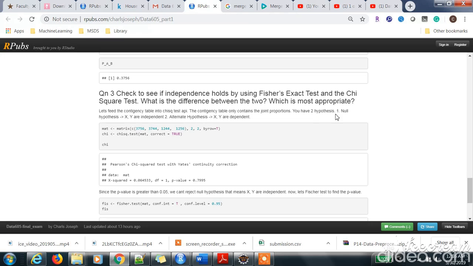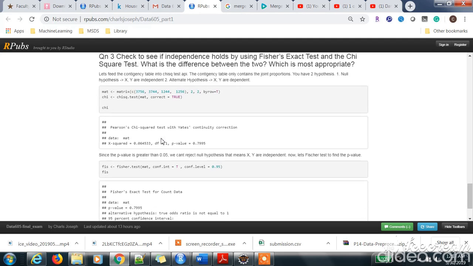The first hypothesis is the null hypothesis, and the second one is the alternate hypothesis where x and y are dependent. So we are trying to decide whether to reject or accept the null hypothesis. Looking at the p-value, it's greater than 0.05, so we cannot reject the null hypothesis. That means x and y are independent.